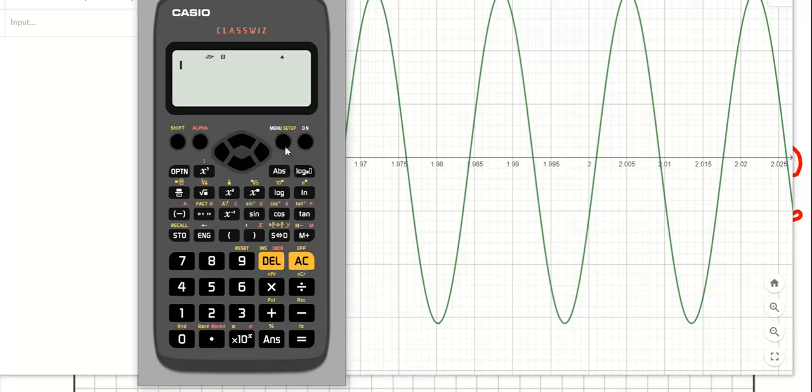So you could have done menu, calculate 110 root 2 sine 120 pi x, and just, for argument's sake, started at 2, stopped at like 2.10, with a really minuscule step of like 0.01. And you can see that it's negative, and then it's on its way upwards.